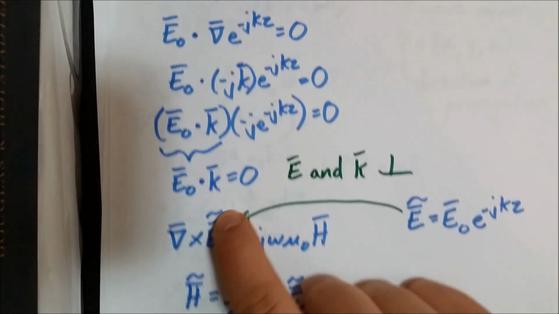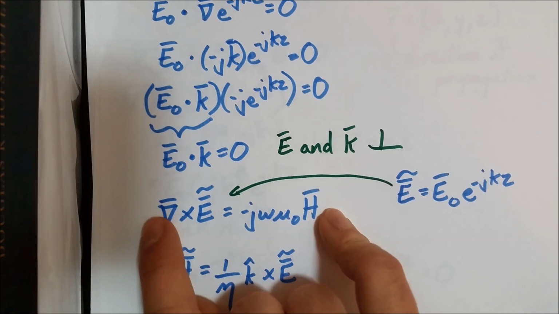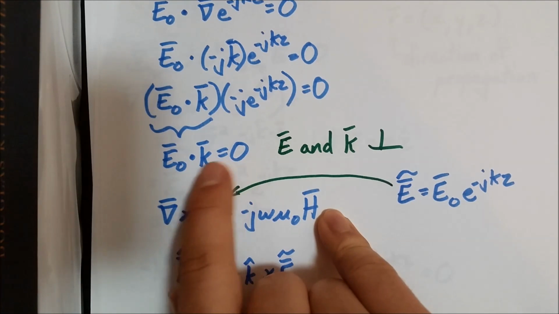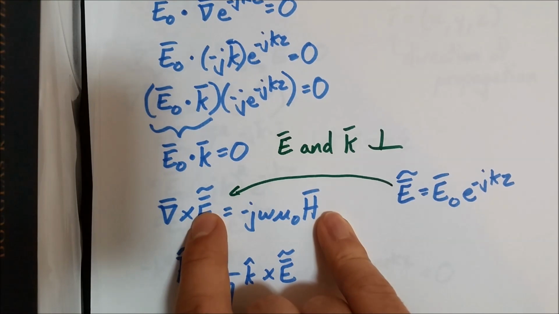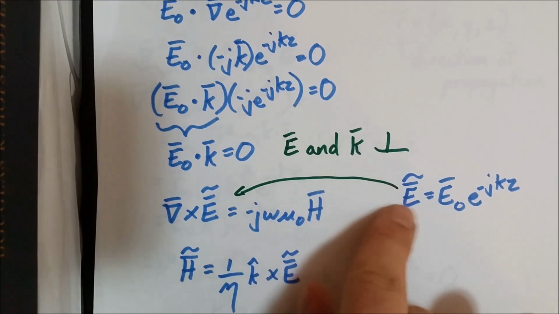The third and the last, we can then use the time harmonic version of Faraday's law, plug in the electric field solution that we have, and then solve for the magnetic field.